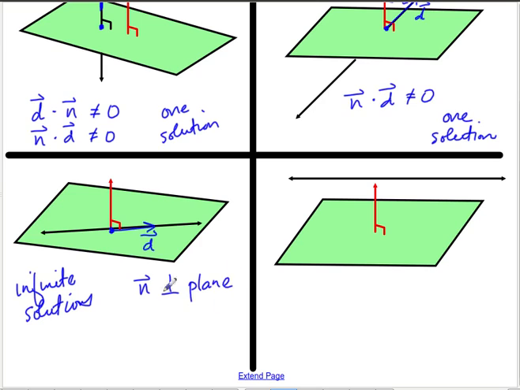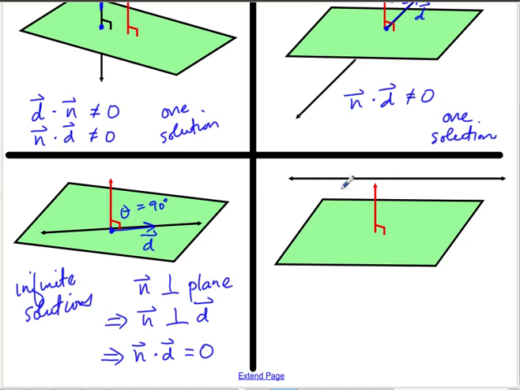That's the definition of a normal vector. And that tells us that the normal vector is perpendicular to the direction vector, or the line. And that tells us that the normal vector dotted with the direction vector must be equal to 0. The angle between them, this angle theta, must be equal to 90 degrees. And that's for infinite solutions.